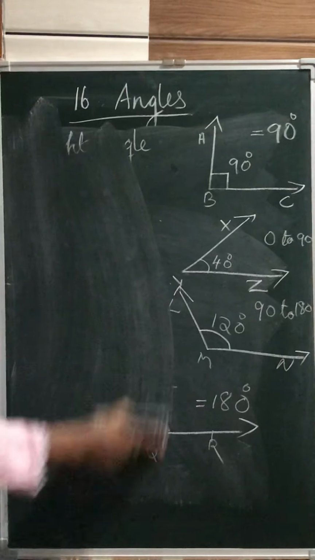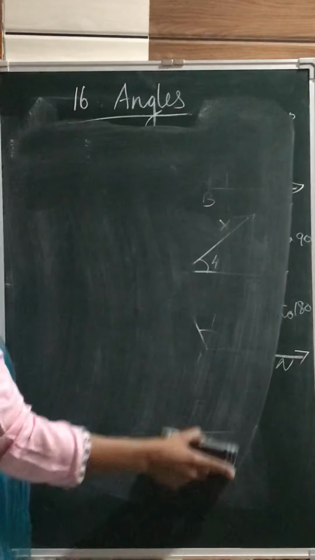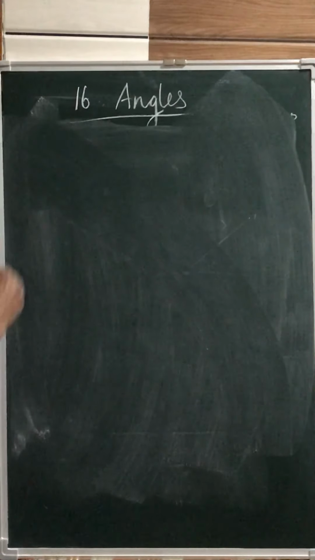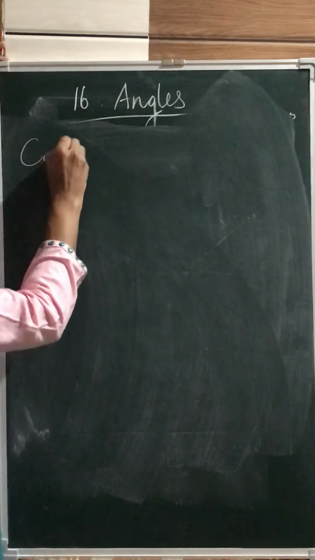Now, property of a pair of angles. Complementary angles.